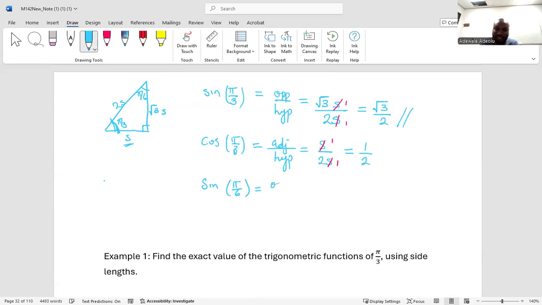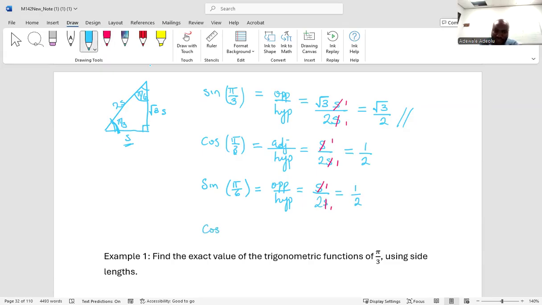Which is, again, opposite over hypotenuse. Opposite to angle 30 degrees, pi over 6, is s, and hypotenuse is 2s. So which is, again, s over 2s, s cancels s, and we have 1 over 2.